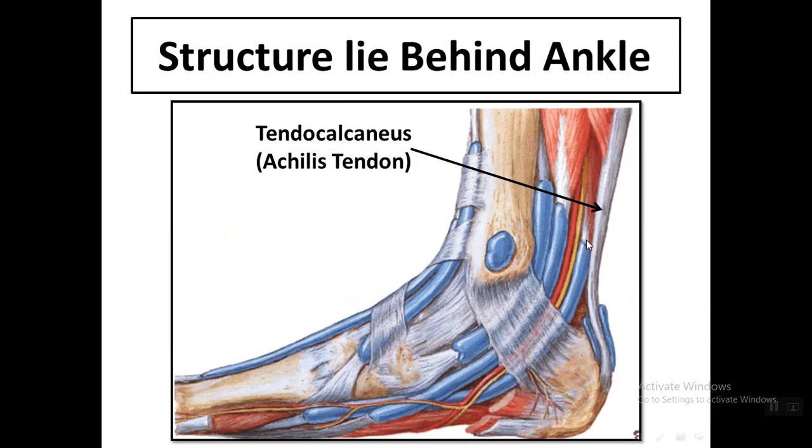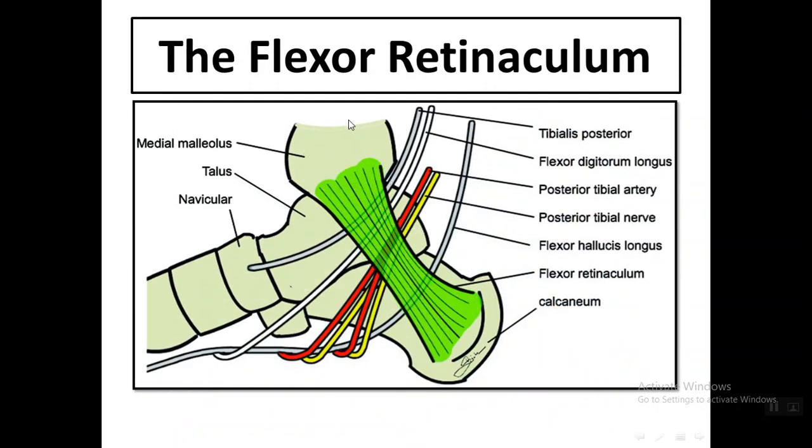Another structure that lies directly behind the ankle joint, this is the ankle joint. Behind it is what we call the tendocalcaneus or Achilles tendon. Now we come to study the flexor reticulum. Flexor reticulum, this is in green color.